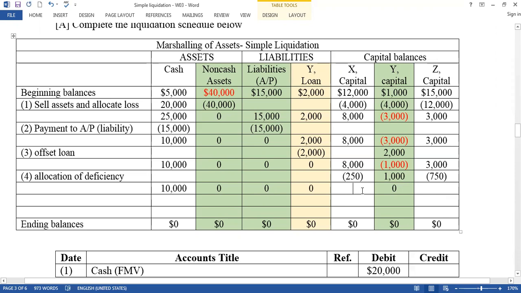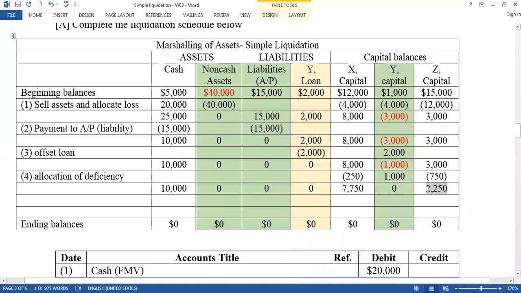X new balance is 7750 positive. And what is the new balance for Z? It is 2250. So now we have $10,000 cash available in the business, and X claim is $7750.